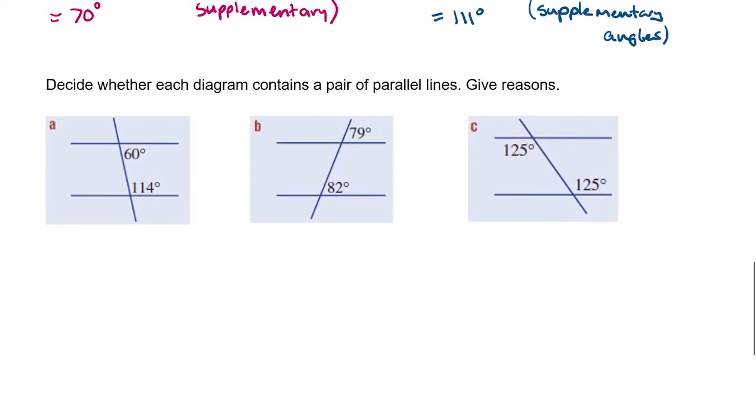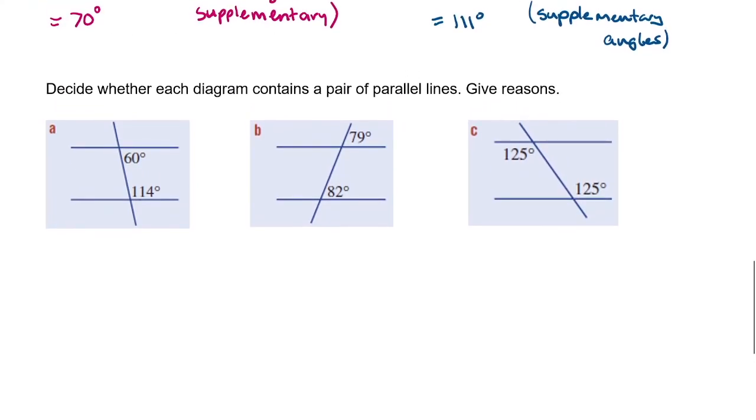Okay, this is our last set of questions here, and we're going to decide whether or not these pairs of lines are in fact parallel. So let's have a look at our first one here. We have 60 and 114. Now these two are co-interior, but do they add up to the 180 that they need to add up to?